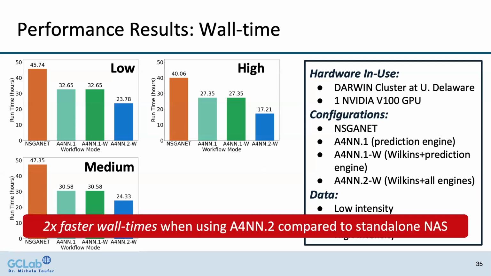And so what we observe is that A4NN can actually achieve 2 times faster wall times compared to the standalone NSGA-Net. And this observation again is consistent across all the 3 datasets.